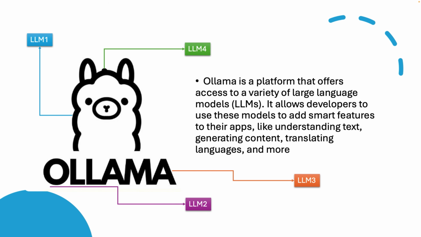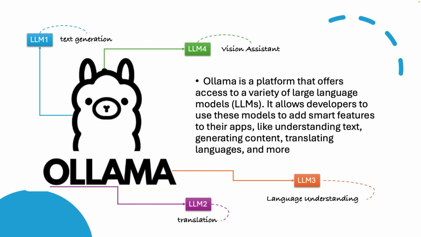It allows developers to use those models to add smart features to their applications like understanding text, generating content, translating language, and performing vision assistance. You can achieve many more features from different large language models, and Ollama is the way you can connect to different large language models from your application.